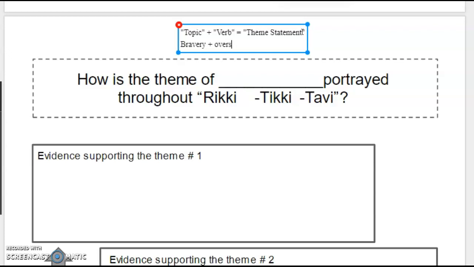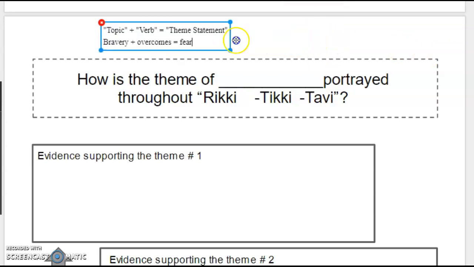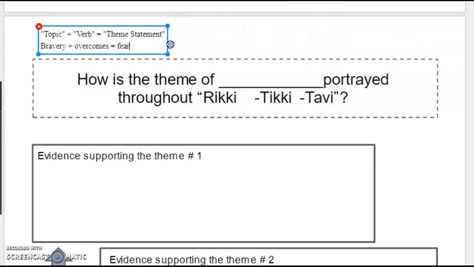Mr. Nellis likes the word overcomes slightly. Okay, bravery overcomes something. What does it do? Well, in the story, bravery overcomes fear. Rikki is scared of these cobras. He doesn't want to follow them sometimes, and it says so in the text. But because he is brave and because he wants to protect the family, he's going to overcome that fear.